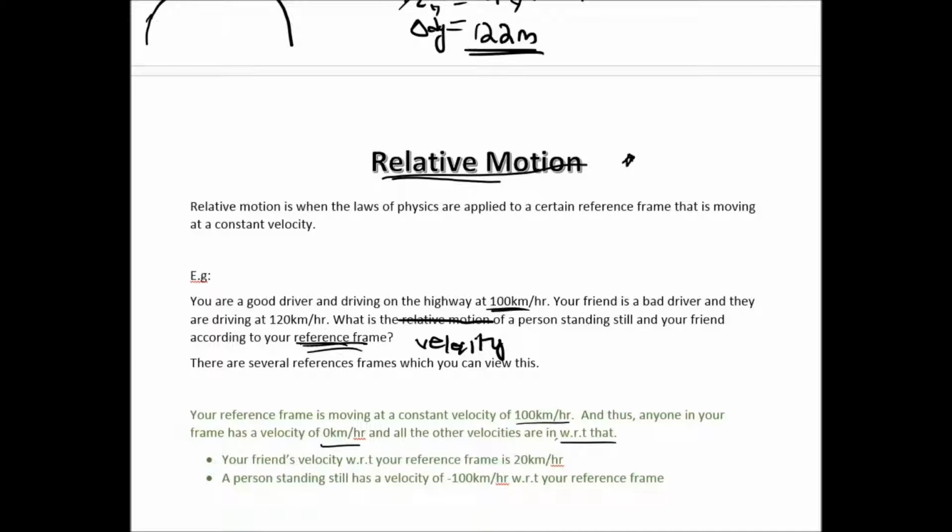So your friend's velocity with respect to your reference frame is 20 kilometers per hour because he's going 20 kilometers faster than you, and the person standing still has a velocity of minus 100 kilometers per hour because he's going 100 kilometers slower than you.